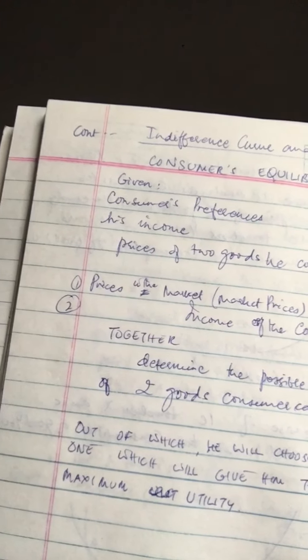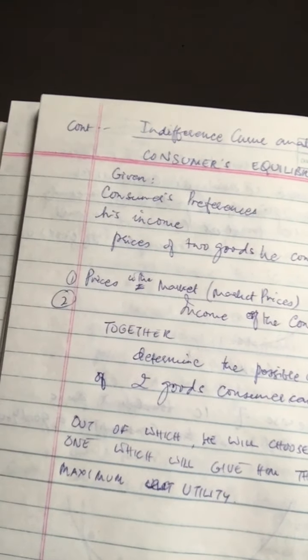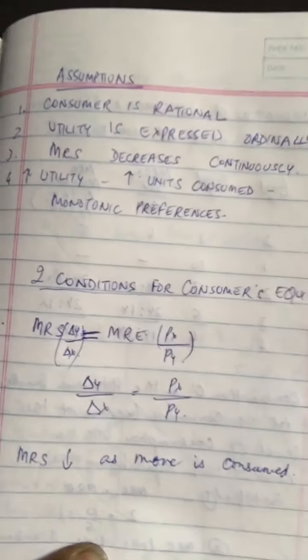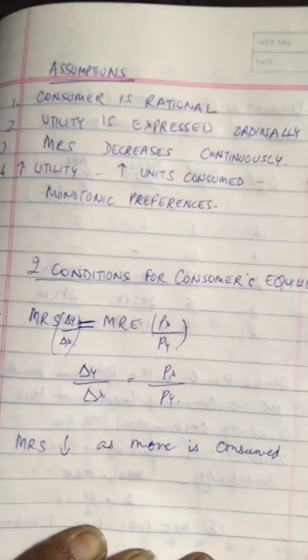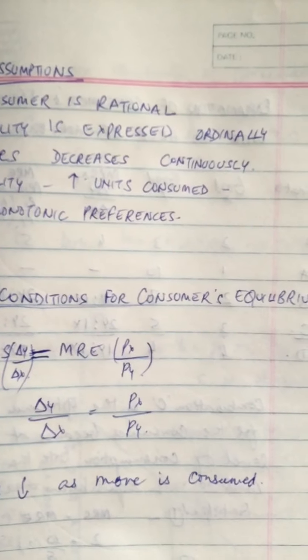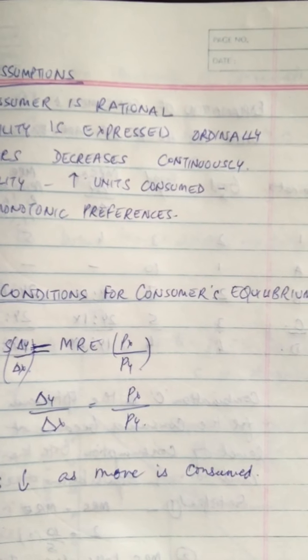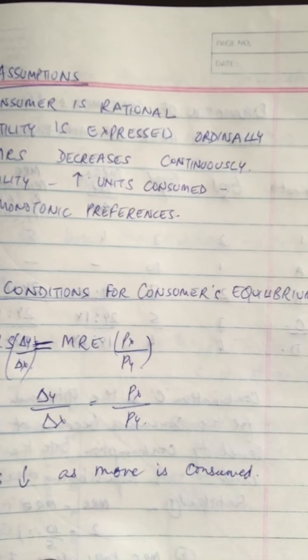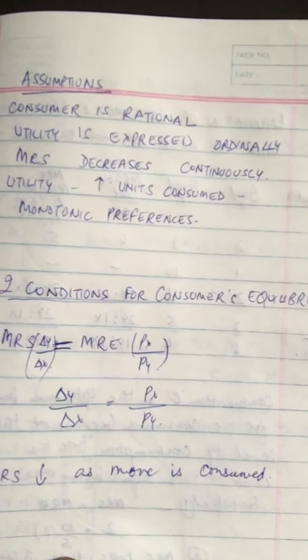So before we go on, let us do the assumptions, which we've done before, but I just want you to go through them again. First is that the consumer is rational. This implies that the consumer aims at maximizing satisfaction.